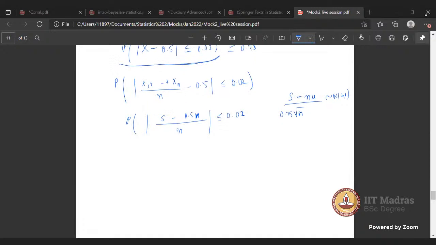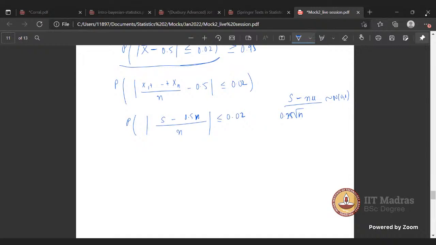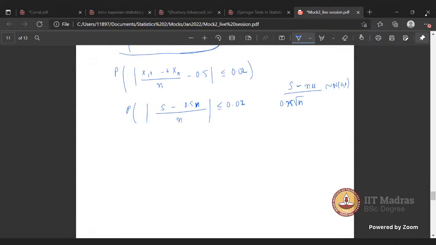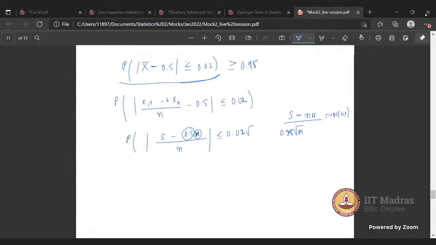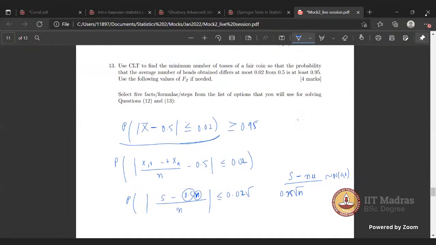Now I can keep this root n here and send the other root n to the other side. Ma'am, sigma is 0.5, no? Sigma is 0.5, ma'am. Standard deviation is 0.5.